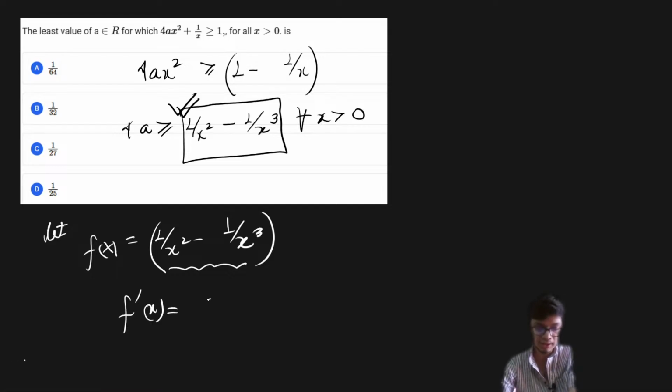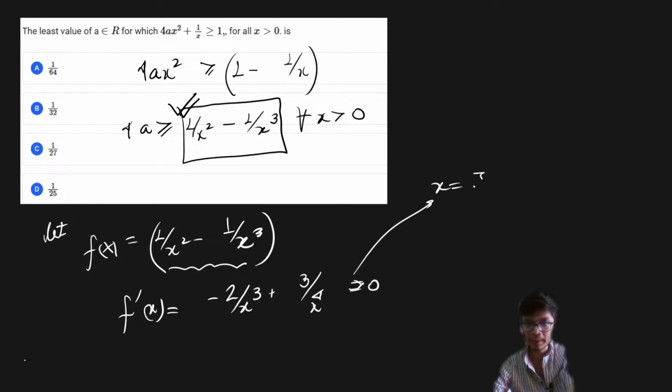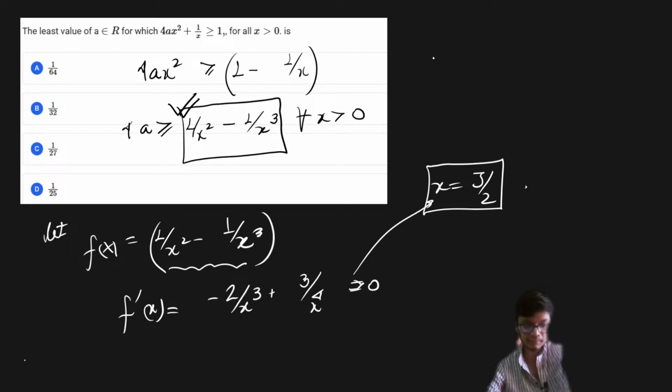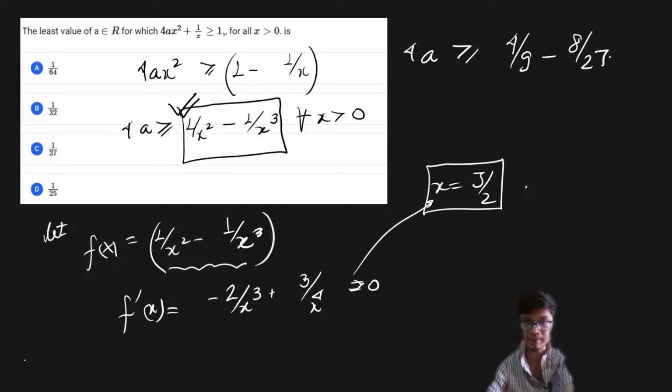If I differentiate this, it comes out as minus 2 x cube plus 3 x to the power 4, which is equal to 0 for the critical points, and therefore from here I'll get the critical point as x equal to 3 upon 2. Now if I put it over here, 4 times a should be greater than or equal to 4 upon 9 minus 8 upon 27, and that is equal to 1 upon 27.